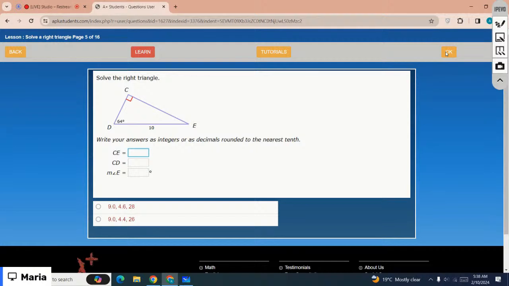Yes, that is option number 2. Angle is 26 degrees, 4.4, and 9.0 is the correct option, right? The missing angle is 26, the sides are 4.4 and 9.0.